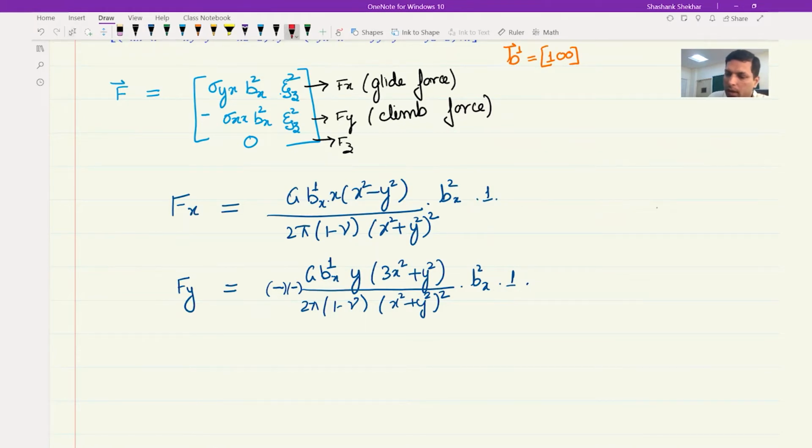So this is the glide force. This is the climb force acting on the dislocation.